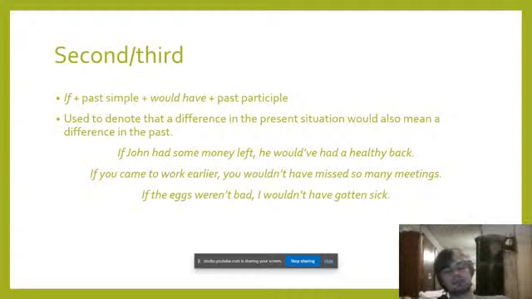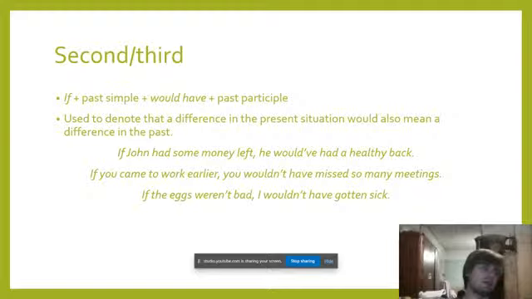Some meetings were mandatory, but they still missed those meetings, and again, if you came to work earlier, you wouldn't have missed so many meetings, because the worker missed those meetings because the worker was coming to work too late.